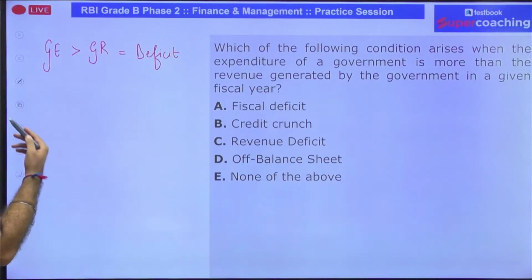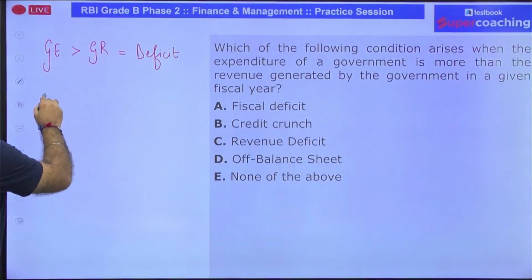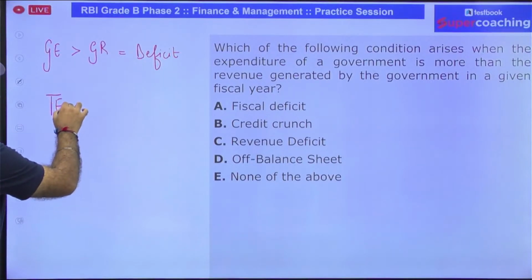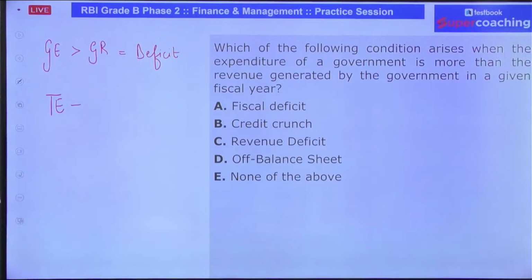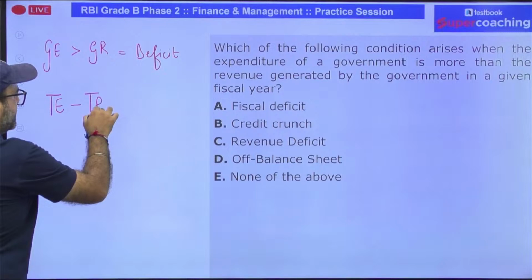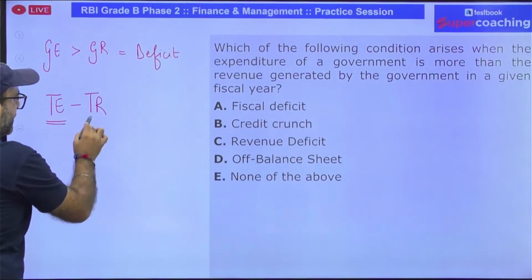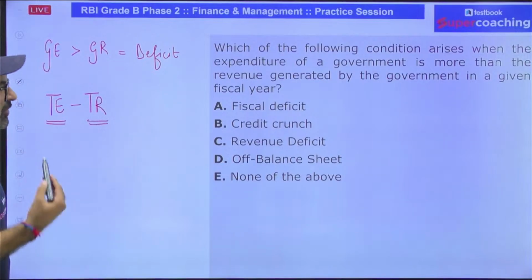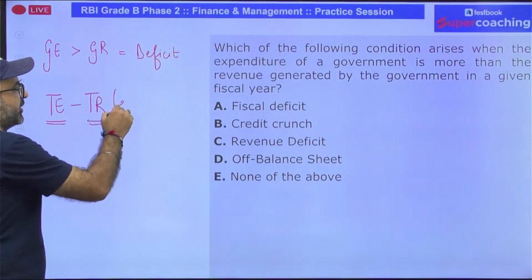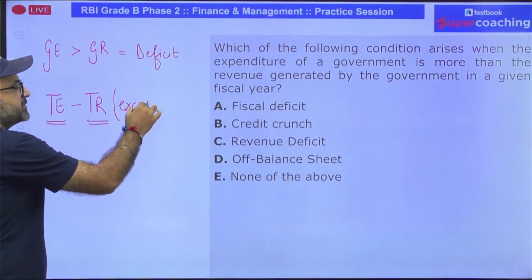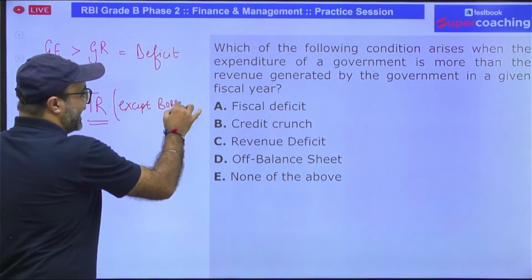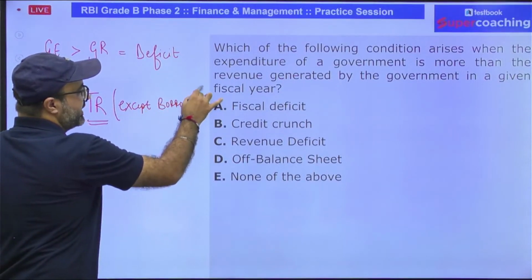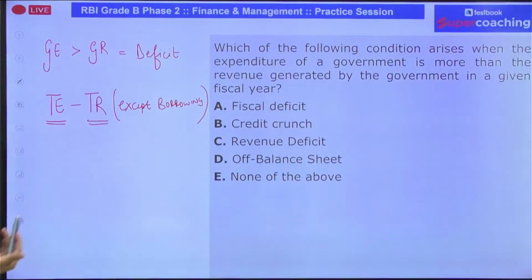For the given financial year, they are using total expenditure and total revenue generated by the government. When they say total revenue generated by the government, that means they are not including the borrowings, because borrowings are not actual revenue which is generated. It is just a part of total receipts.